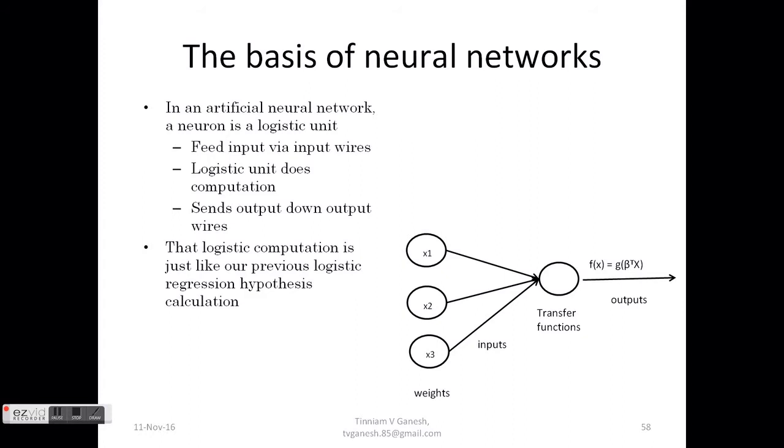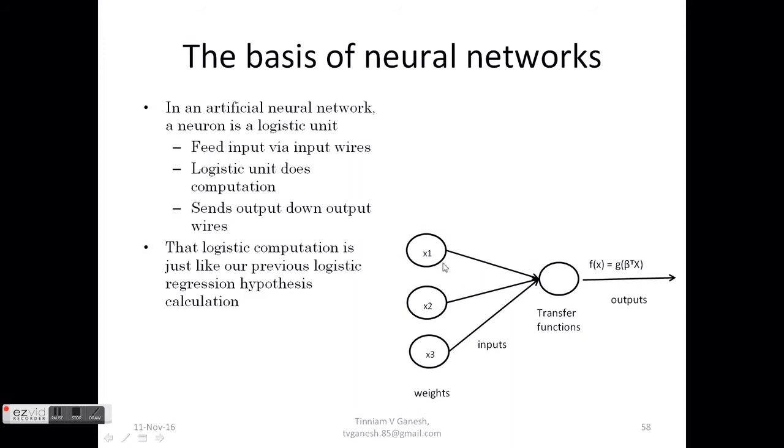The advantage of neural networks over other types of regression is that you don't have to worry about the polynomial order of the input features or the correlated features. So here let us look at a neural network.